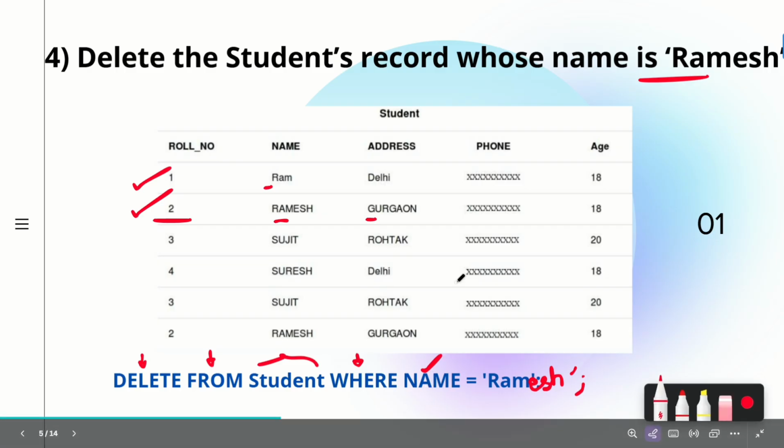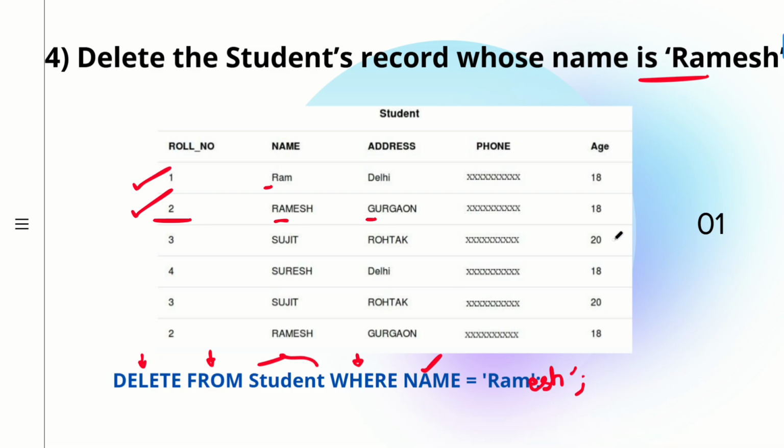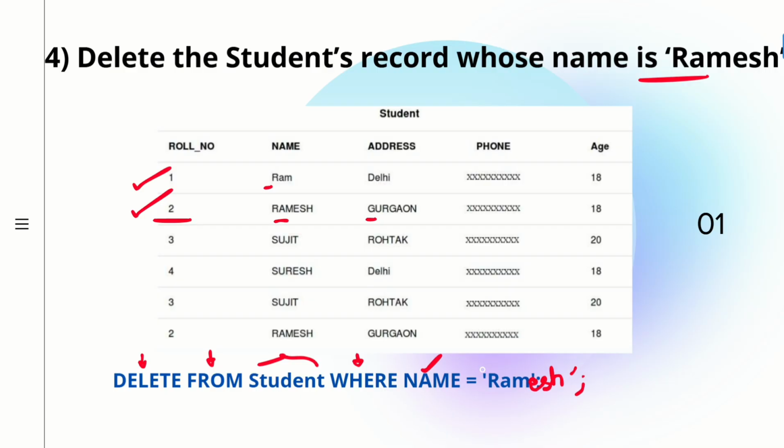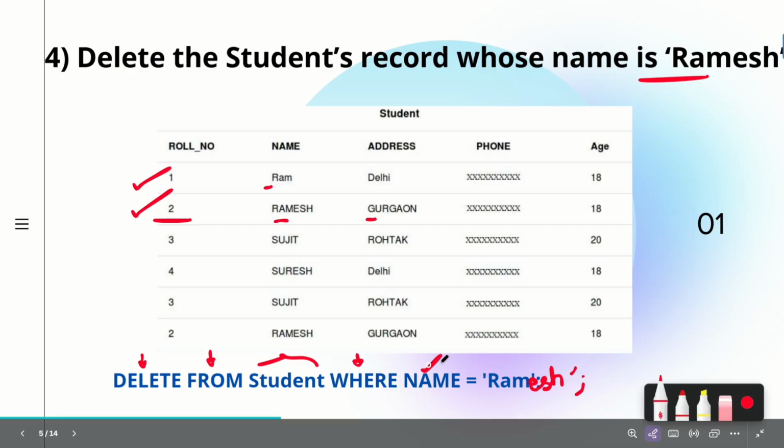You can use phone number or age. Suppose you want to remove everyone who has crossed 24 years of age, then you can write where age is greater than 24 or age equals 24. But this is the syntax: delete from table name, student, where name is Ramesh. This is how you can delete a student's record whose name is Ramesh.